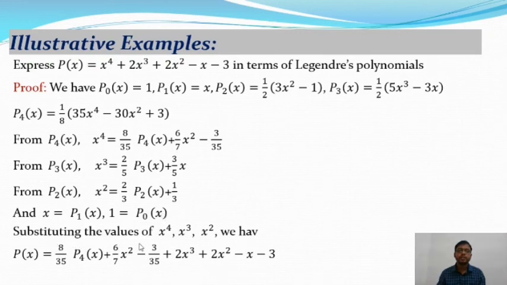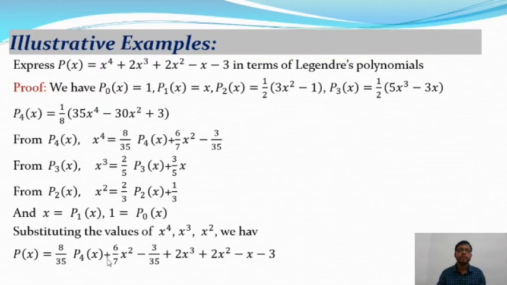Now substituting the value of x to the power 4 in the given equation, we will get 8 by 35 P4(x) plus 6 by 7 x square minus 3 by 35 plus 2x to the power 3 plus 2x square minus x minus 3.